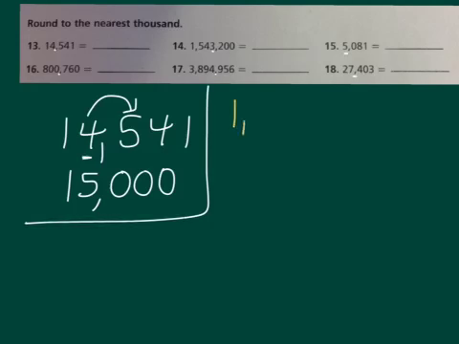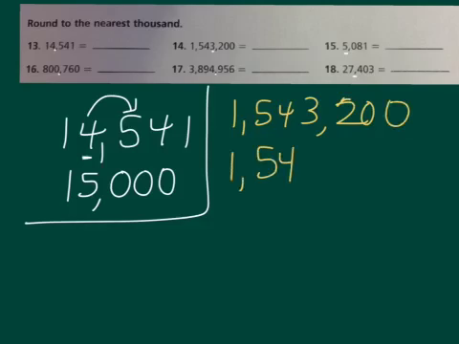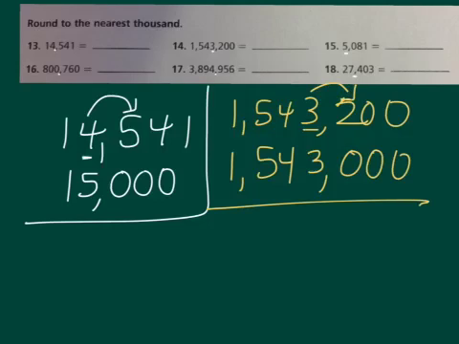Number 14, I have to the millions, so these numbers here are going to stay. I look to the right of my thousands place, which is the 3. It's a 2, which means that this 3 stays a 3 and everything else becomes zeros.